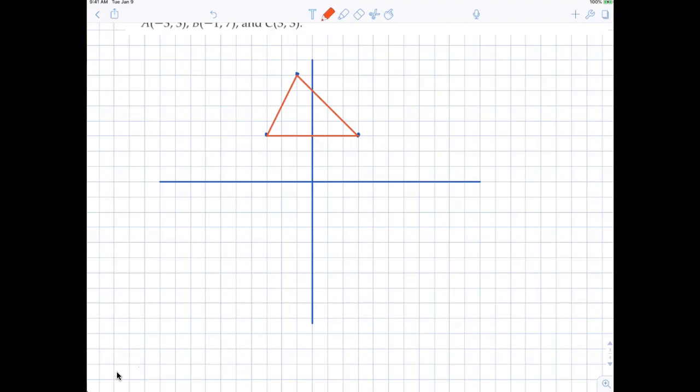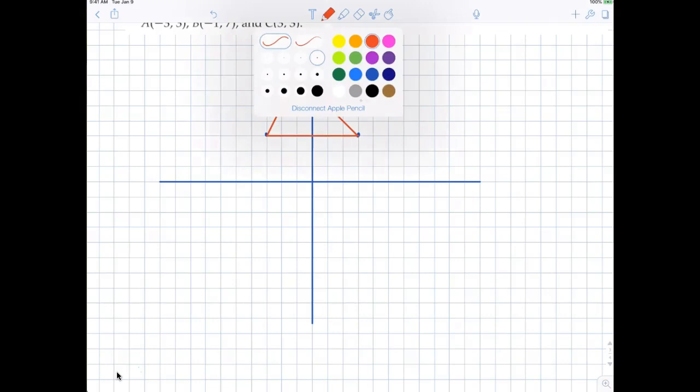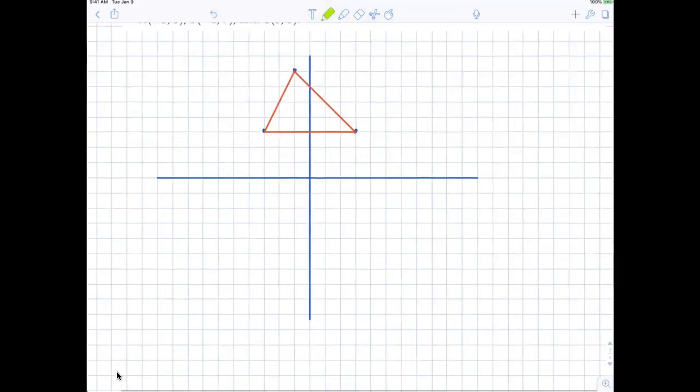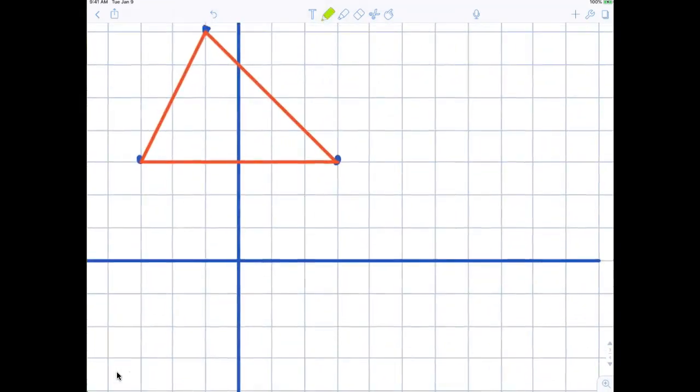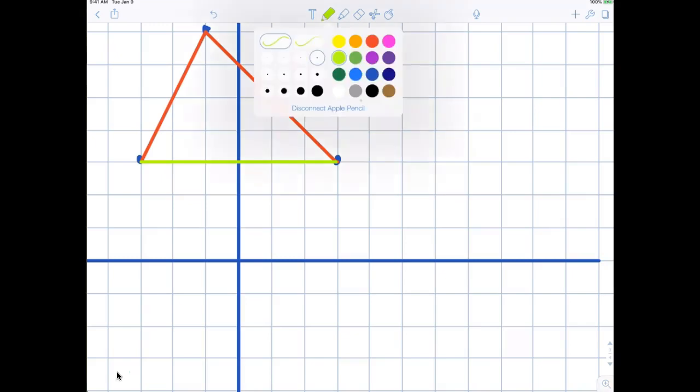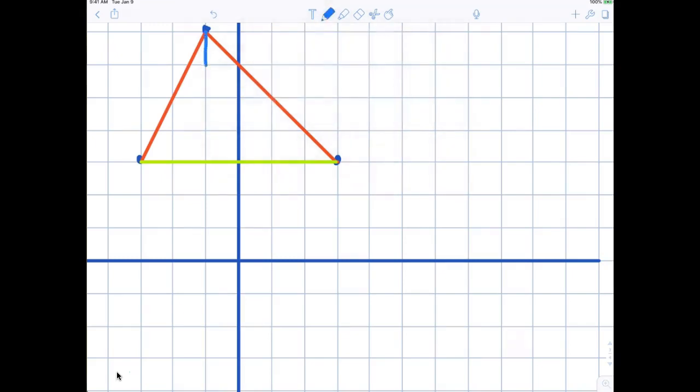This one has a base down here that is horizontal, so we know that the height has to be vertical. The relationship here is pretty simple. That is the altitude.